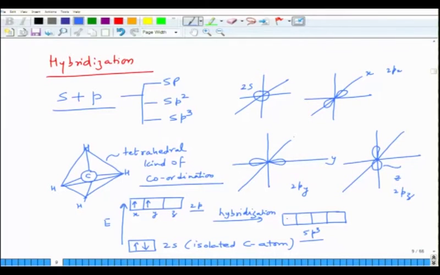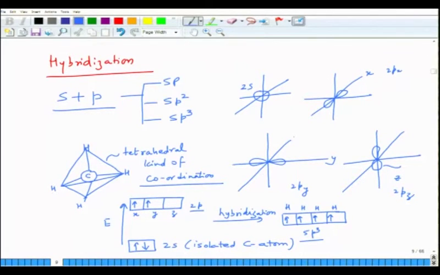So you have 4 electrons here, each of them remains unpaired in these. So this is what orbital hybridization is. Now one hydrogen will come and attach to it, another hydrogen will come and attach to it, this hydrogen will come and attach to this. This is how you will make a methane molecule.